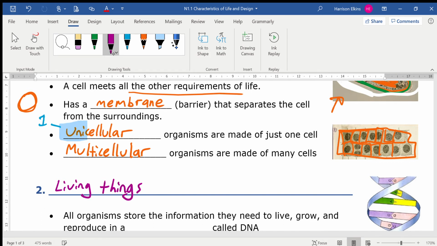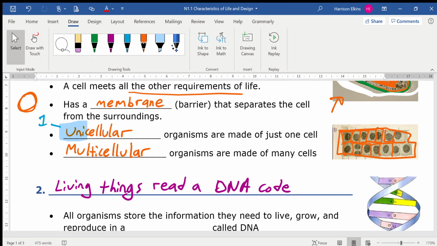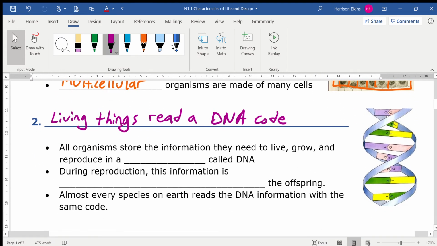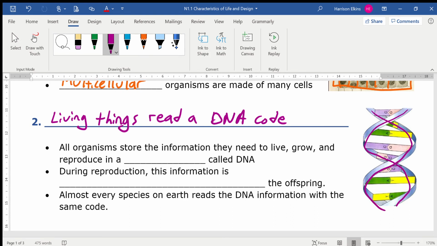all read a DNA code. Hopefully you're familiar a bit with DNA. This is a picture of DNA right here, and we'll talk a lot more about this in what is probably my favorite unit, Unit 5. But basically, DNA is a molecule inside of cells that stores a lot of information.